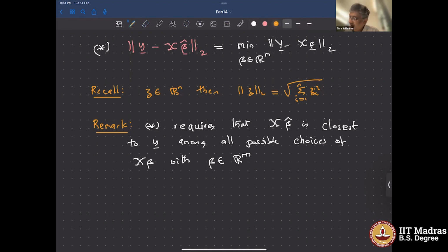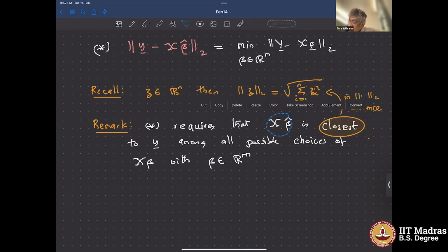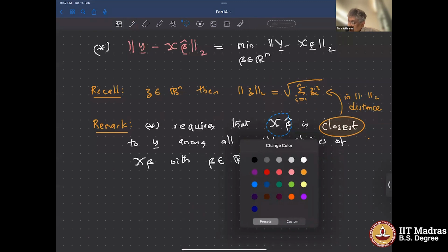So by closest you mean in this distance. And x beta hat is your least square estimate. Very good.